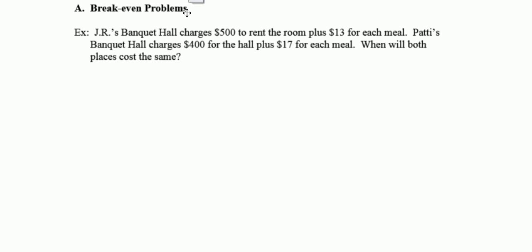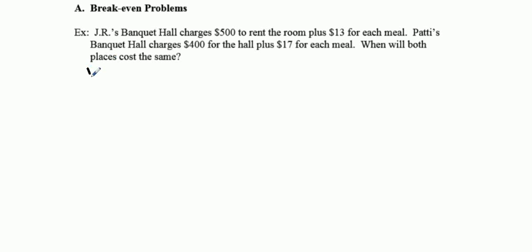Okay, so let's try and set up some let statements. That's our very first step. So what don't we know is the question. And the question is, when will both places cost the same? So we don't know what the total costs are going to be, and we don't know what the total number of meals is going to be.